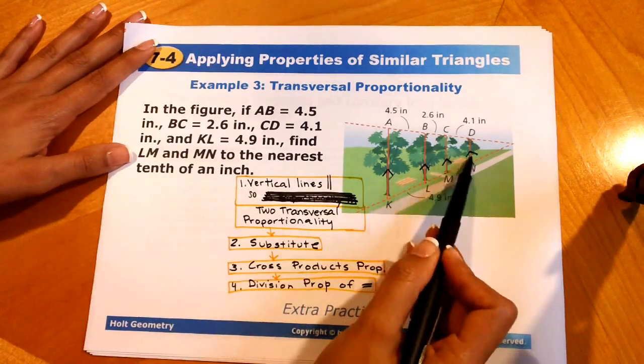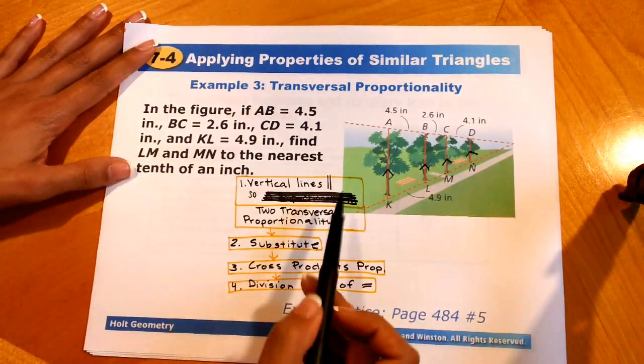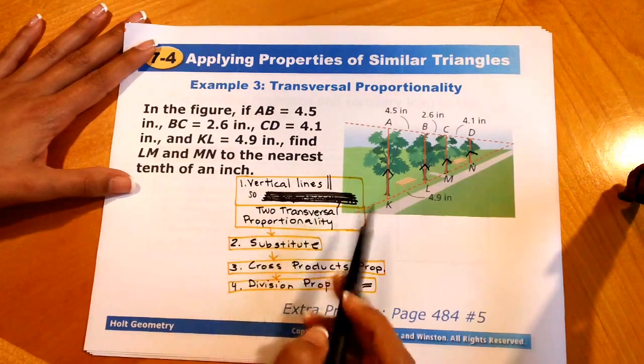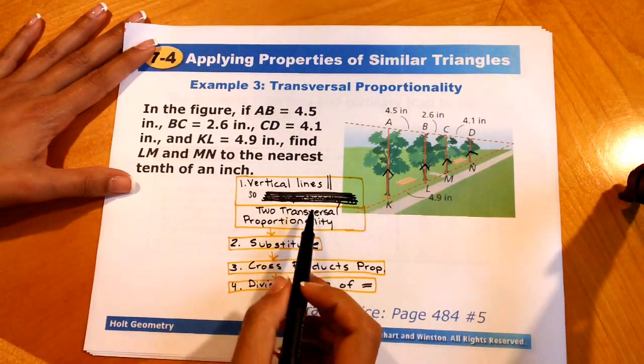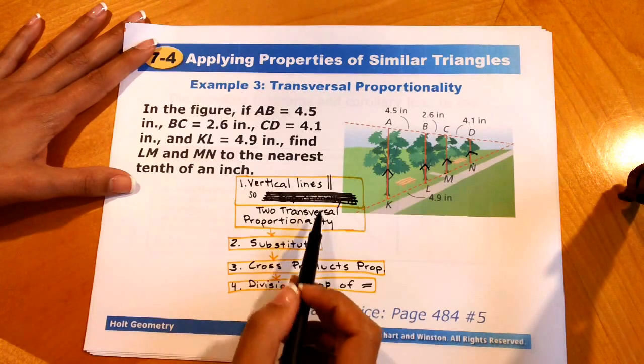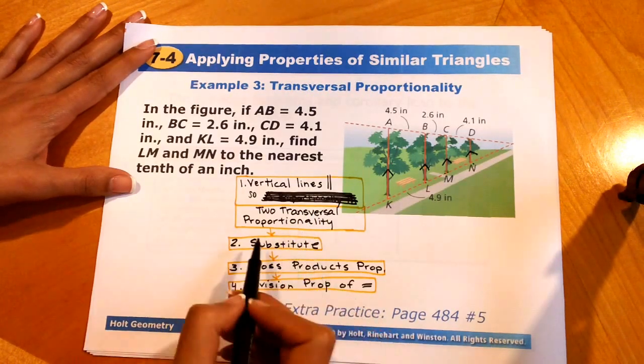Because it's given that all four of these lines are parallel, we're allowed to use the two transversal proportionality corollary, and so we can set up our proportions.